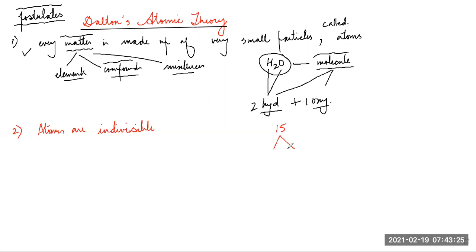15 has factors 5 and 3. Am I right? But what about 5? Somebody can say that 5 also has factors 1 into 5, but let's ignore 1. Then we can say 5 doesn't have any factors, if we don't consider 1 as a factor of 5.